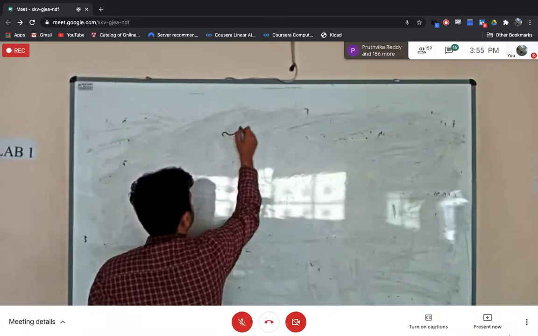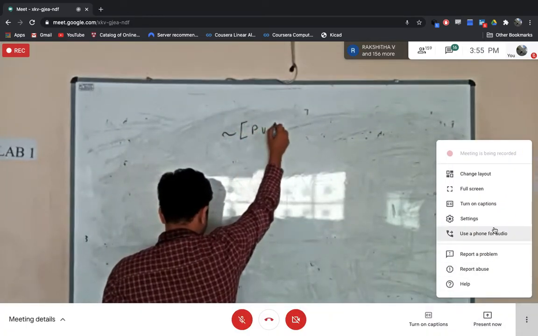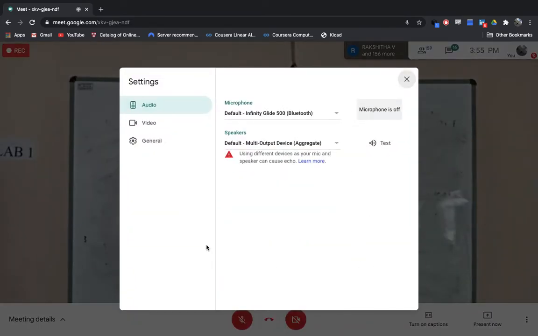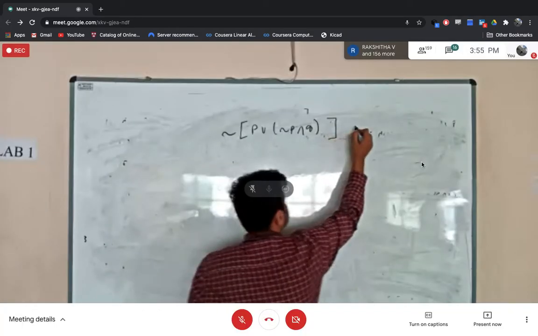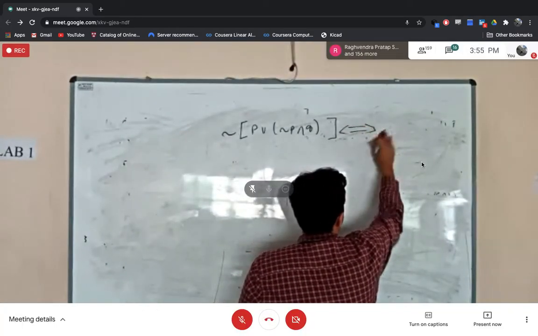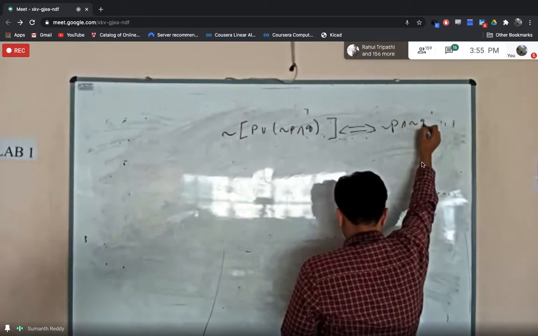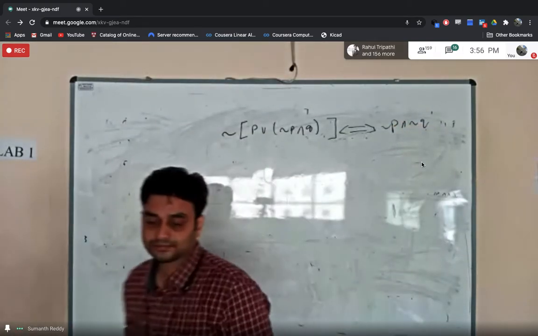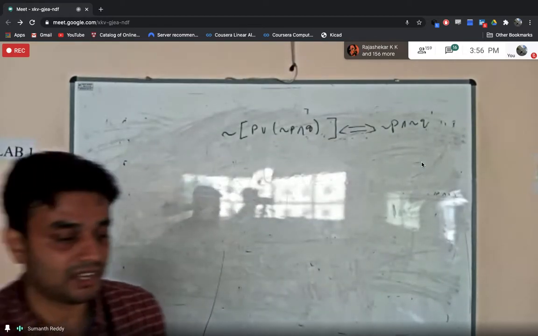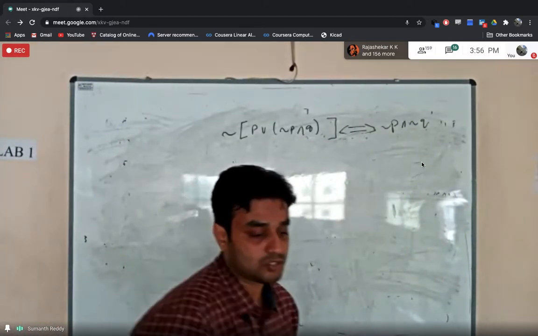Negation of (P or negation of P ampersand of Q) is logically equivalent to negation of P ampersand of negation of Q. Okay, students, same thing. I'll give you 2 to 3 minutes. Try to solve this.